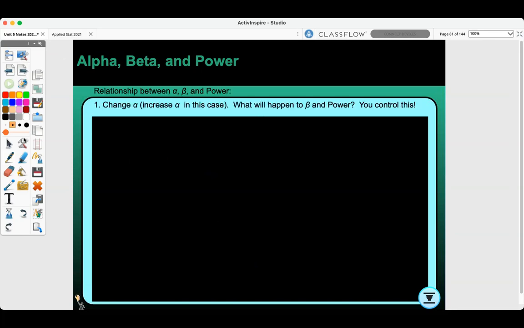Let's look at the relationship between alpha, beta, and power. So what we're going to do is change alpha. We're going to increase alpha in this case. What will happen to beta and power? You control this.